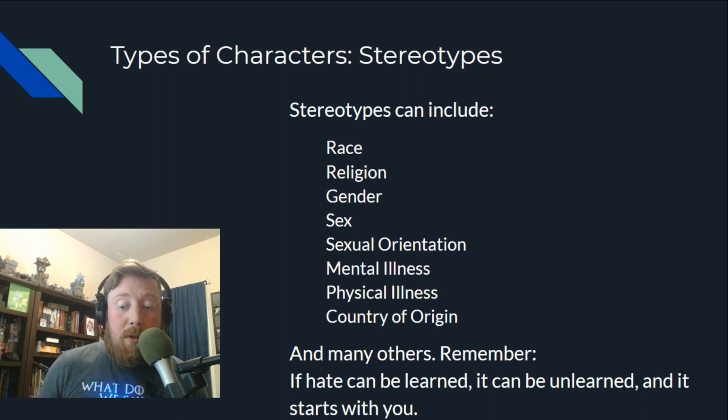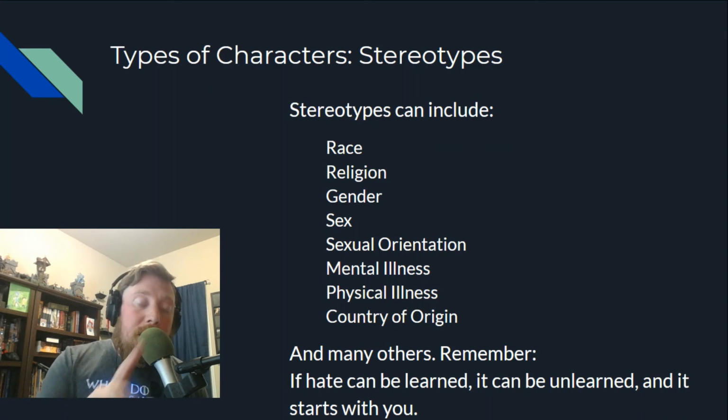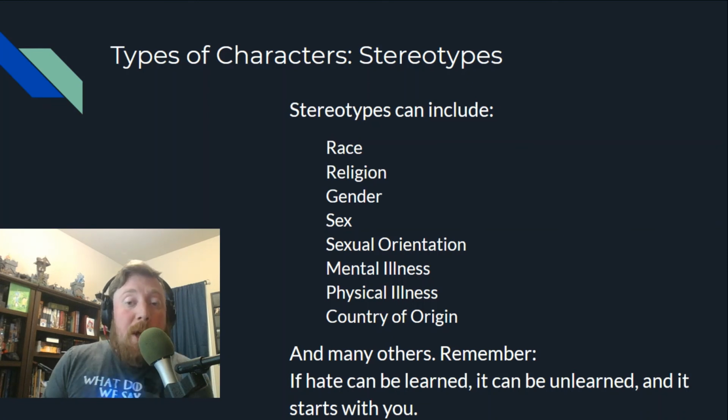You can even go down, I have here at the bottom, but I'm going to skip down, to country of origin and say, okay, well, this is how Japanese people behave, Chinese people behave, German people behave, South African people behave, Congolese people behave, and so on and so forth. Canadians, Mexicans, Colombians, Brazilians, Chileans, any number of these different people, right? Those can include those stereotypes.